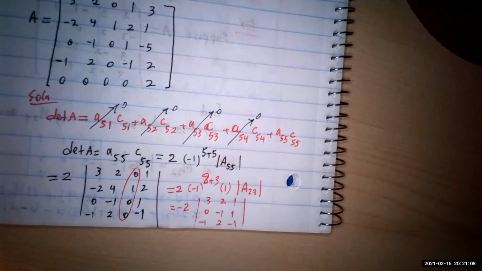And this is an easy matrix. You can distribute it and get the determinant right away. You can distribute along the second row if you like, and get the result right away, or just the ordinary one. It doesn't matter. You can distribute it along the first row to get the final answer.